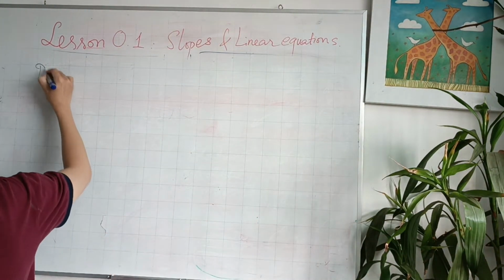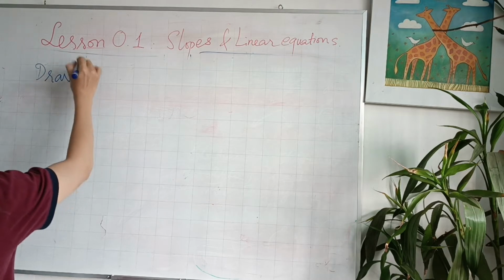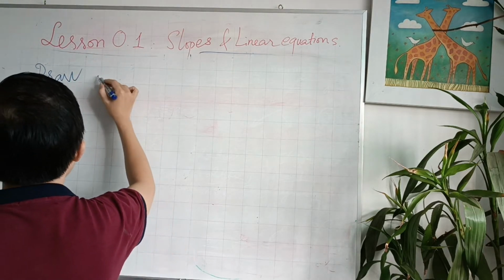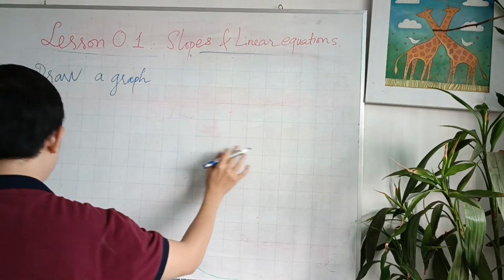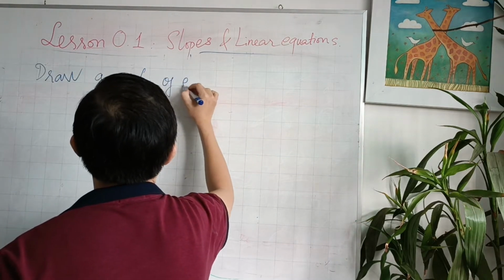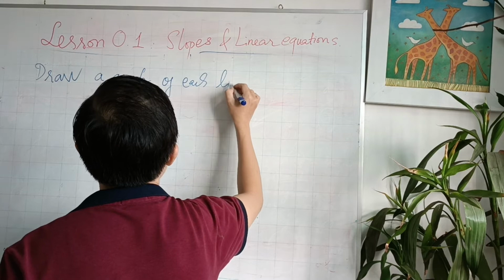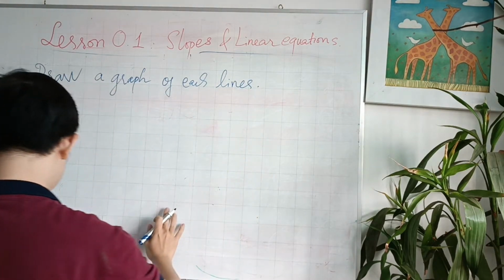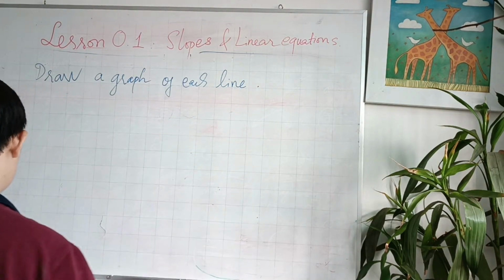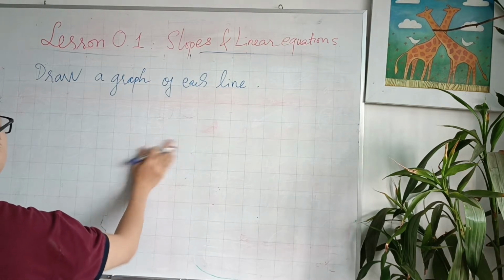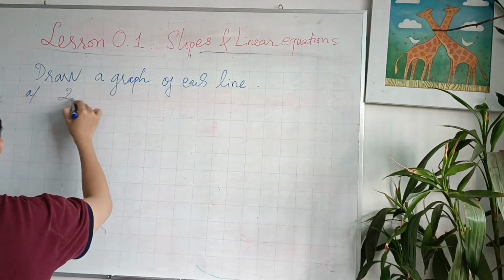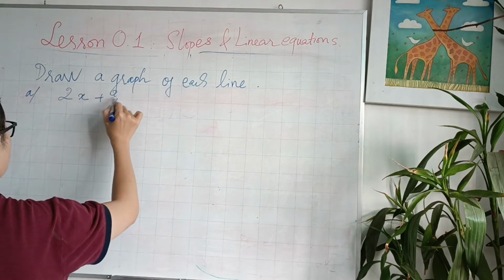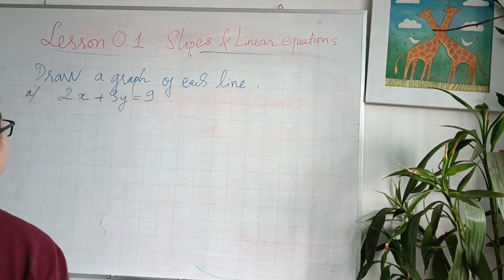Draw a graph of each line. Okay. A: 2x plus 3y equals 9.